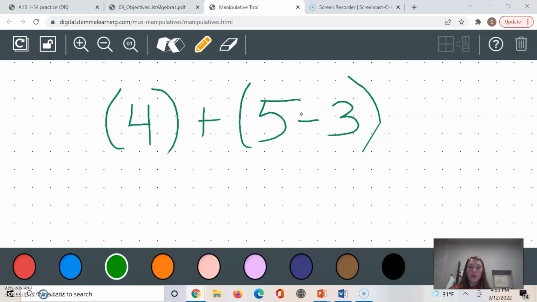Well, first, we need to find our P. What is our P? The 4 in parentheses and the 5 minus 3 in parentheses. Because the 4 is alone in the parentheses, we would just leave the 4 and bring it down, right? Okay, well, what about the 5 minus 3?